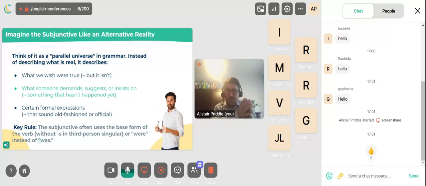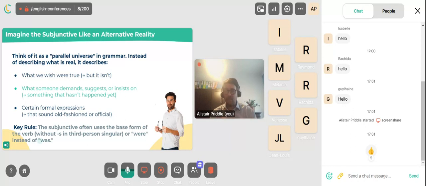Instead of describing what is real, it describes what we wish were true, but it isn't, what someone demands, suggests, or insists on, or something that hasn't happened yet, and certain formal expressions that sound old-fashioned or official.